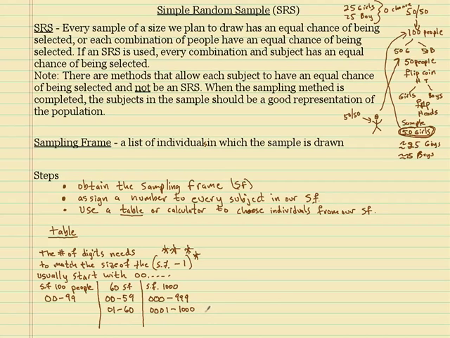There's 1,000 digits there, but there's a problem because when you enter the table, you could get a lot of digits that don't count because you would have to omit, which I need to write here. You want to omit repeats and numbers not in the sampling frame.